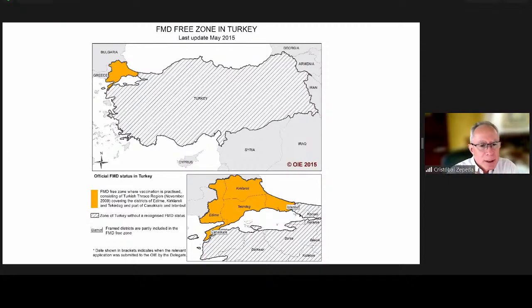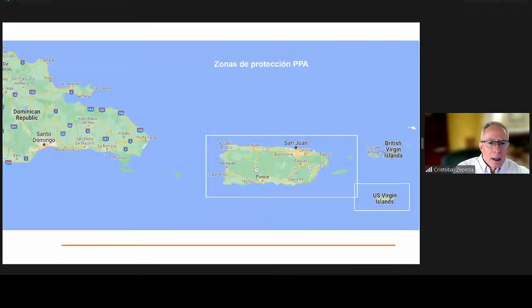In Europe, the European Union has established in Turkey a free zone without vaccine for foot and mouth disease in order to protect the rest of the European Union. And these are examples of protection areas that have been established outside of the borders that we want to protect.